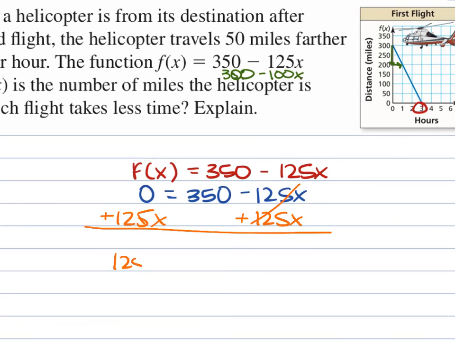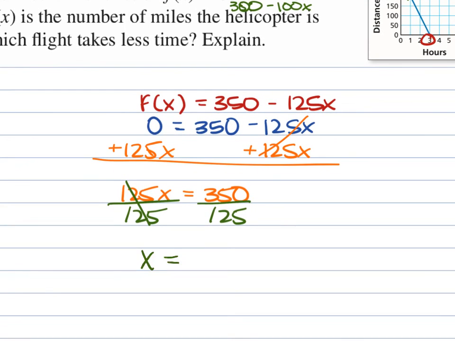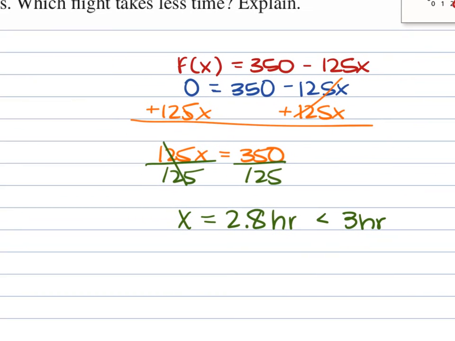So I get 125x is equal to 350. We divide by 125 on both sides. So this is going to give us that x is equal to 2.8 hours, which is in fact less than the 3 hours. So the second flight would be the shorter time.